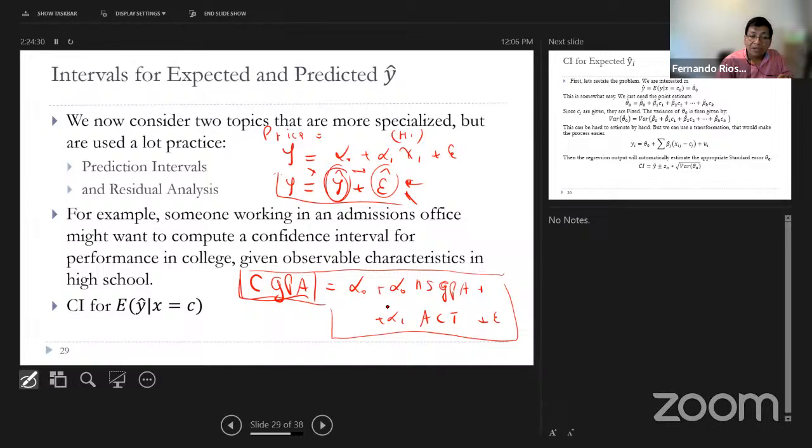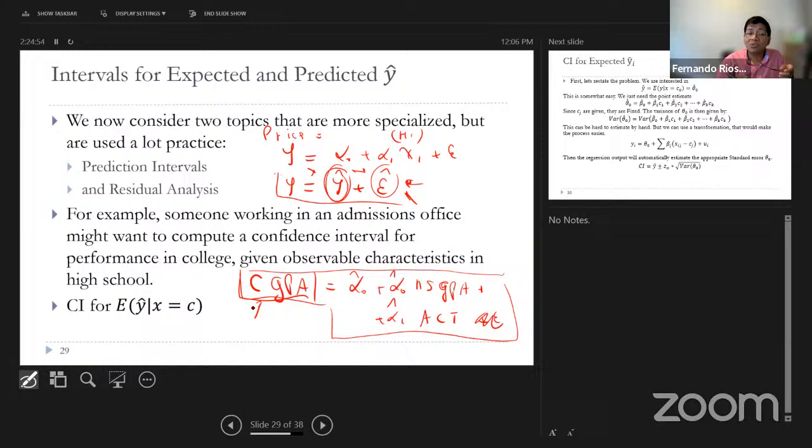So once I predict all of this and I ignore the error, I can have a point estimate for what I think the potential GPA of somebody with a given high school GPA and a given ACT score is going to be. However, just like I said before, that point estimate is always going to be wrong.